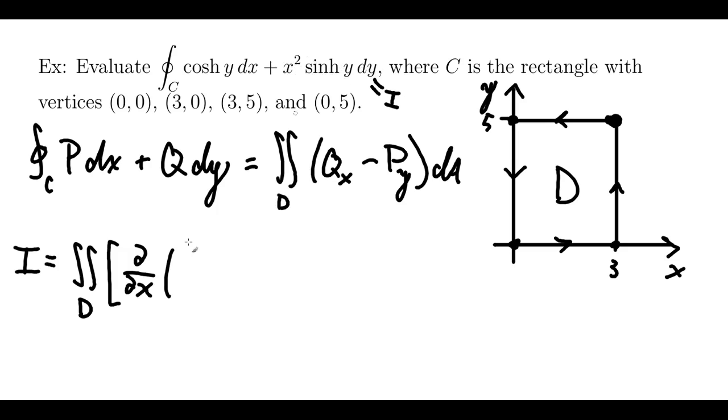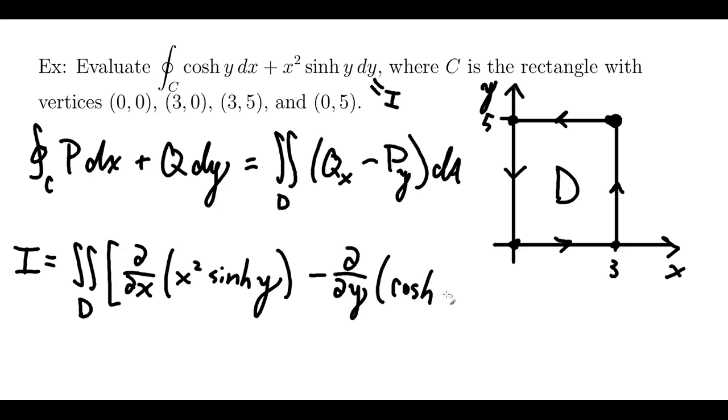So we have x squared times the hyperbolic sine of y, minus the partial derivative with respect to y of P, meaning the integrand attached to dx, and that is the hyperbolic cosine of y. So we have all of that dA.